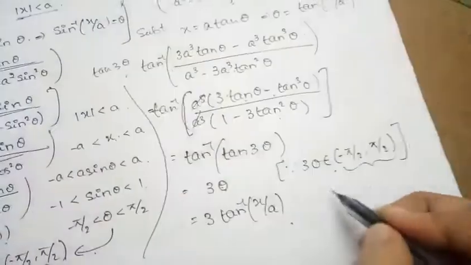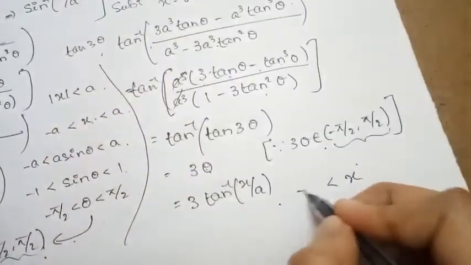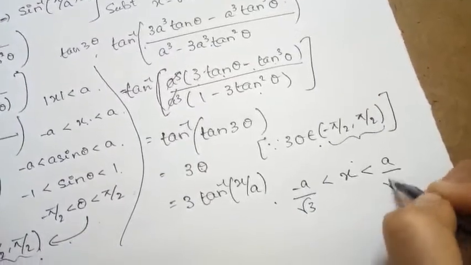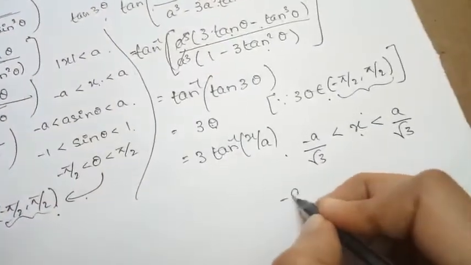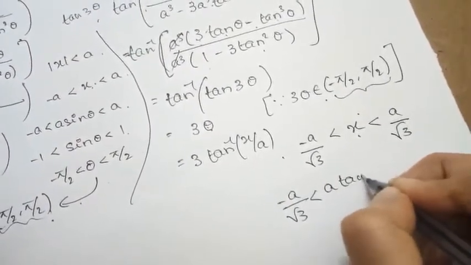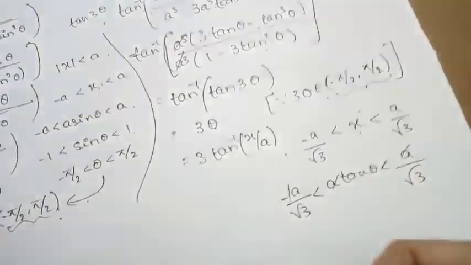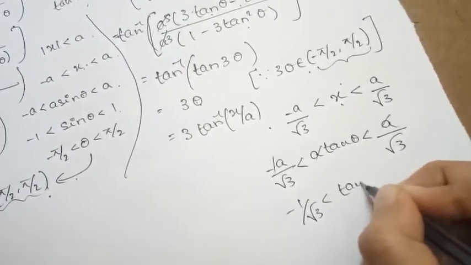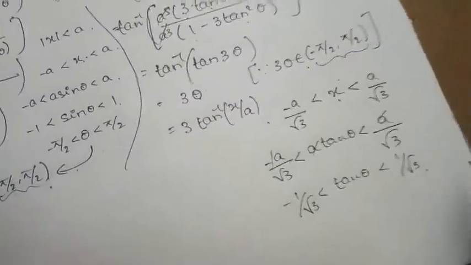In the question they have said x is lying between minus a by root 3 and a by root 3. So what was our x? It was a tan theta. So minus a by root 3 less than a tan theta less than a by root 3. A gets cancelled, that is nothing but minus 1 by root 3 less than tan theta less than 1 by root 3.